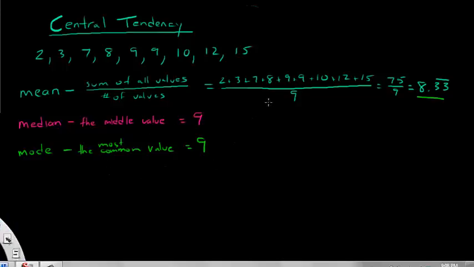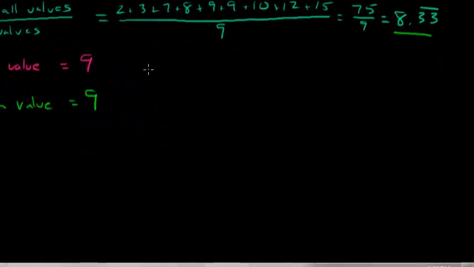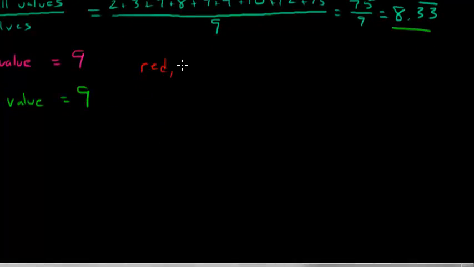One specific example that comes to mind is if my data set is actually a set of things. So if I go out in a parking lot and I record the color of the cars that are there, I've got red, blue, green, green, black, and another green.